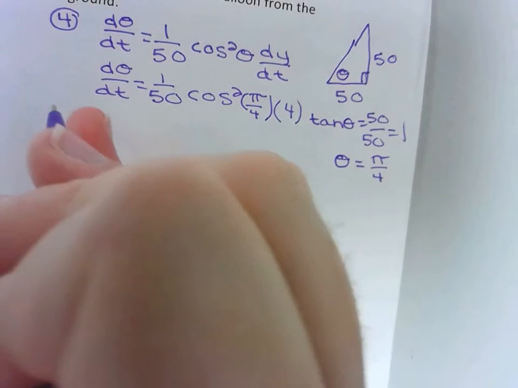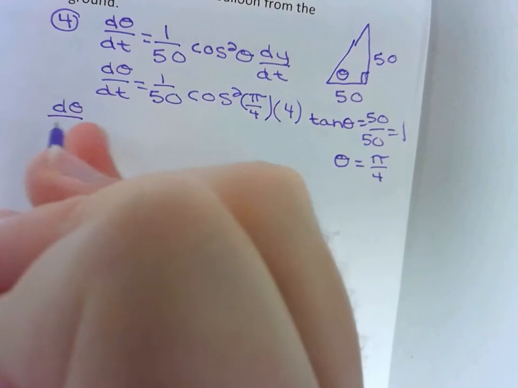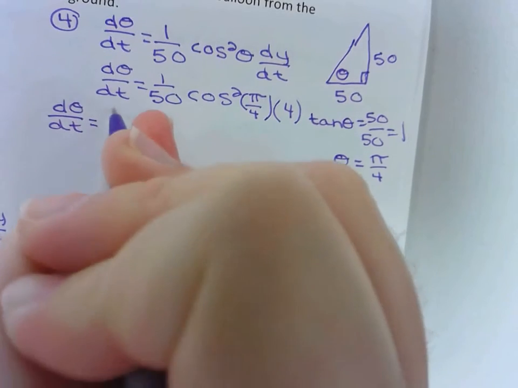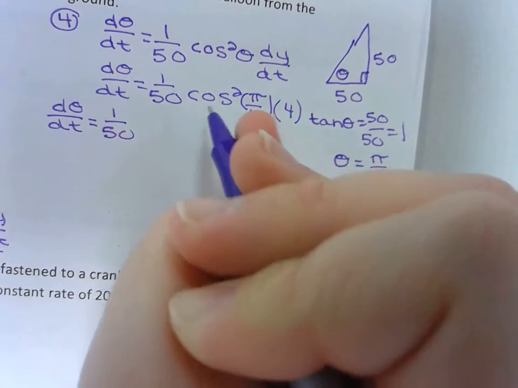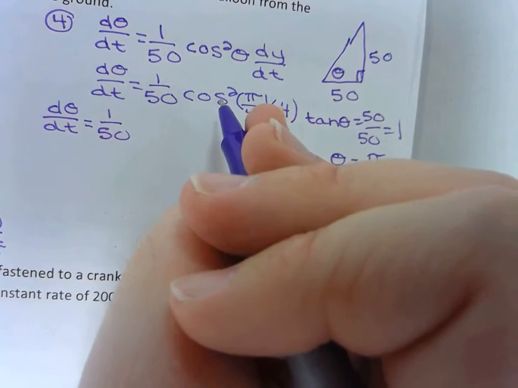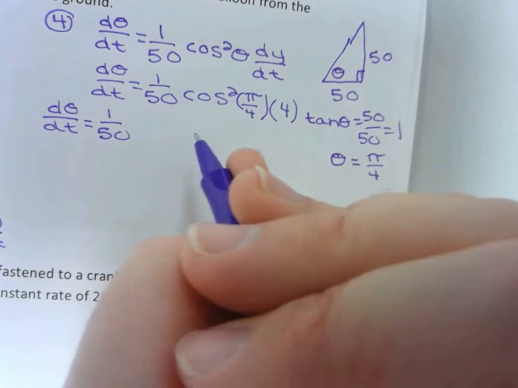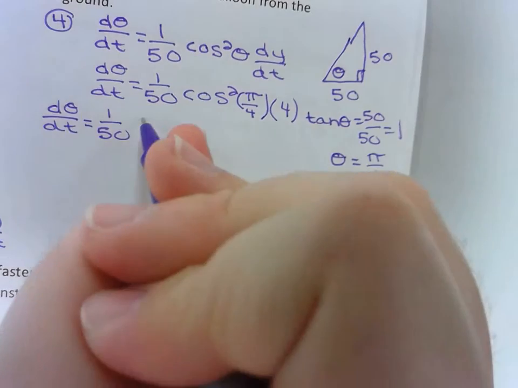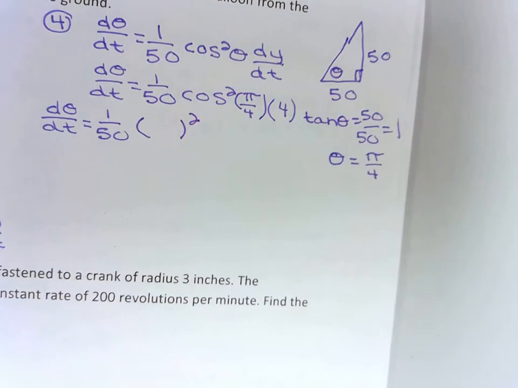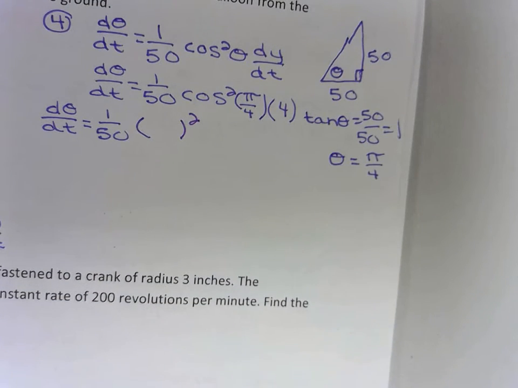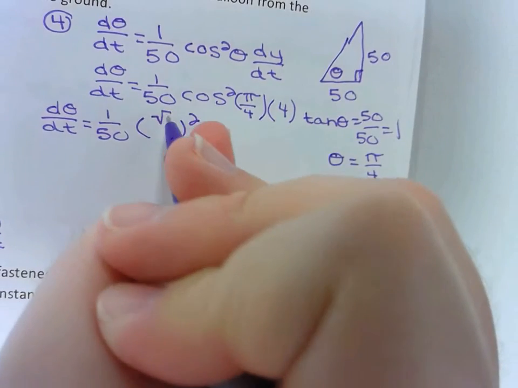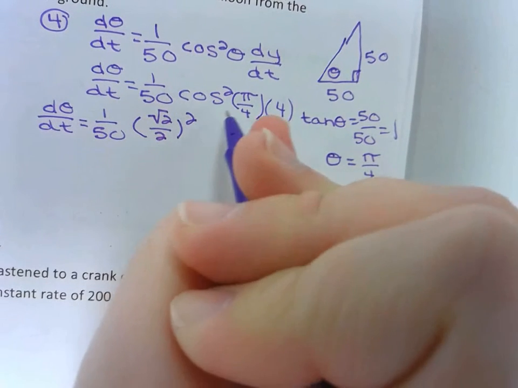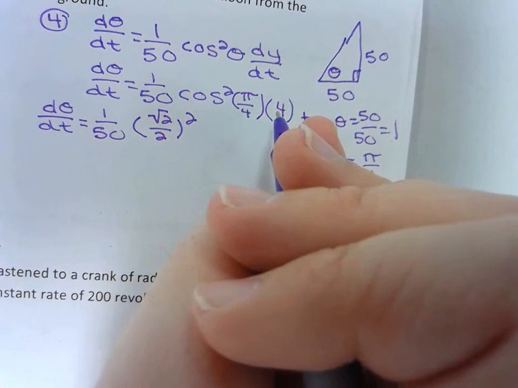So let's go through. D theta over dt equals 1 over 50. Remember that cosine squared, that squared can just go on the outside, so we can just look at what cosine pi over 4 is and then square it. So cosine pi over 4 is square root of 2 over 2 from the unit circle, and then pi over 4 times 4.